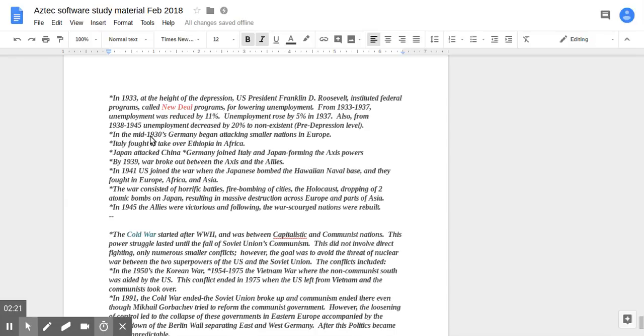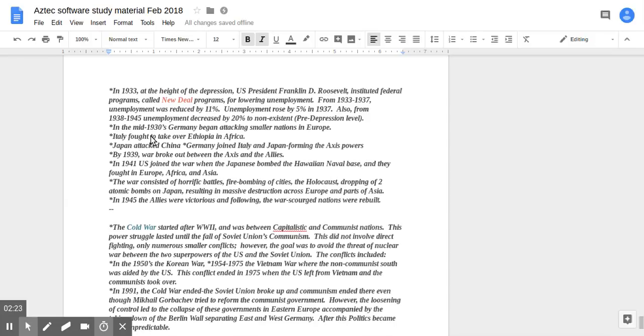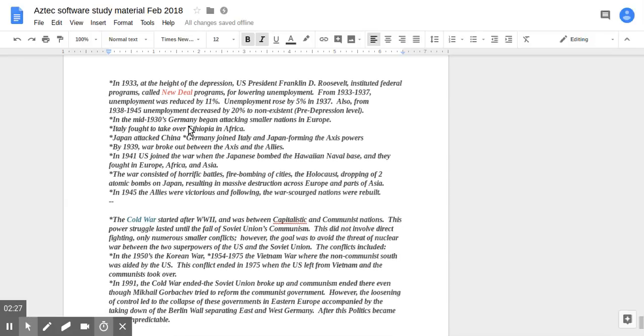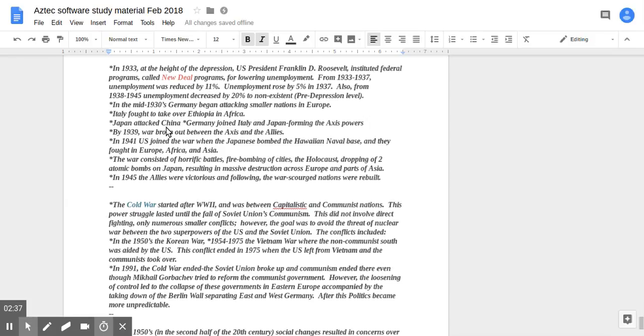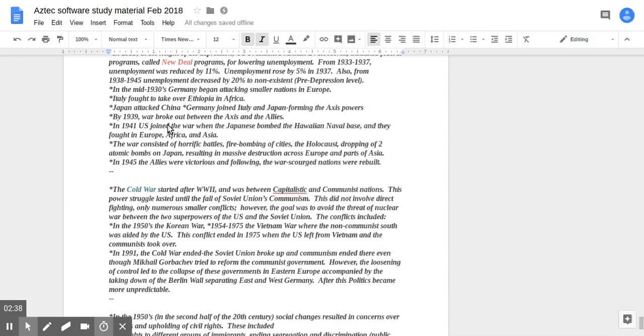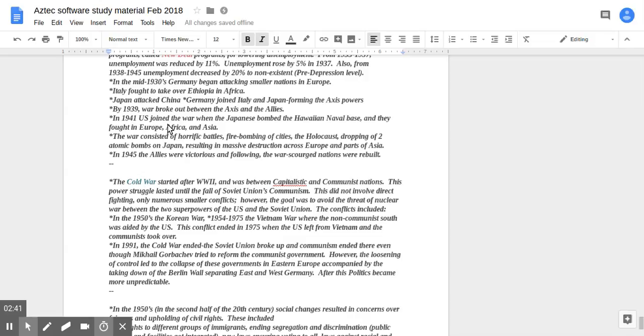From 1933 to 1937, unemployment was reduced by 11%. Unemployment rose in 1937 by 5%. And then from 1938 through 1945, unemployment decreased by 20% to non-existent pre-depression levels.